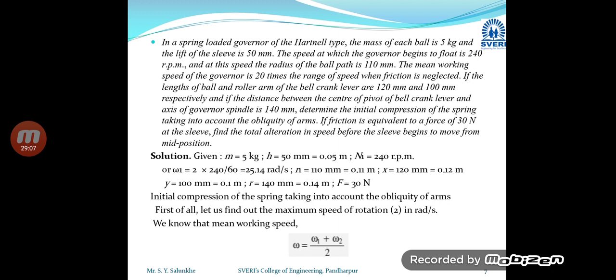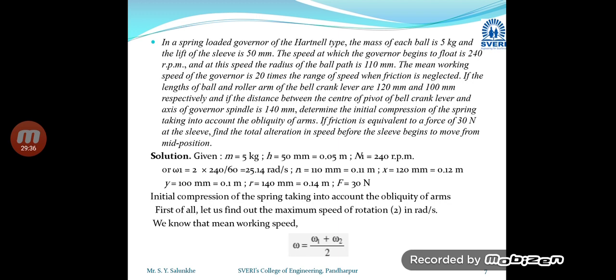Next, the length of ball and roller arm of the bell crank lever, we have given nomenclature as X and Y, and the distances of this bell crank lever, if you are remembering, are 120 millimeter and 100 millimeter respectively.